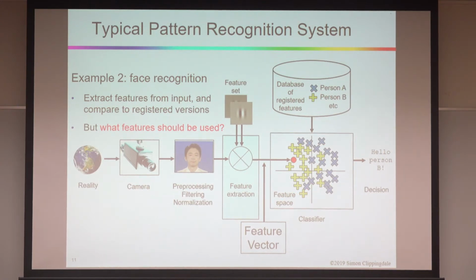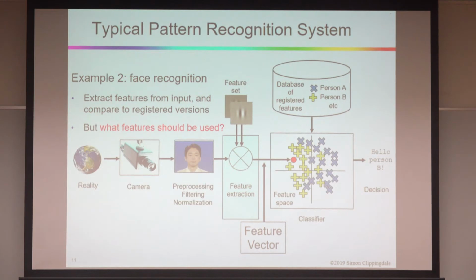And in order to do something like face recognition, we have to compare the red dot here, which is the feature vector that we get when we put this guy's face in, with these other data which are pre-registered feature vectors corresponding to, this is person A and this is person B. So in this case, these blue crosses are all for person A, green pluses are all the data that we've registered for person B, and if this guy's feature vector lands there, you could take a guess that it's more likely to be person B than person A. So hello person B, and we've recognized person B, hopefully.